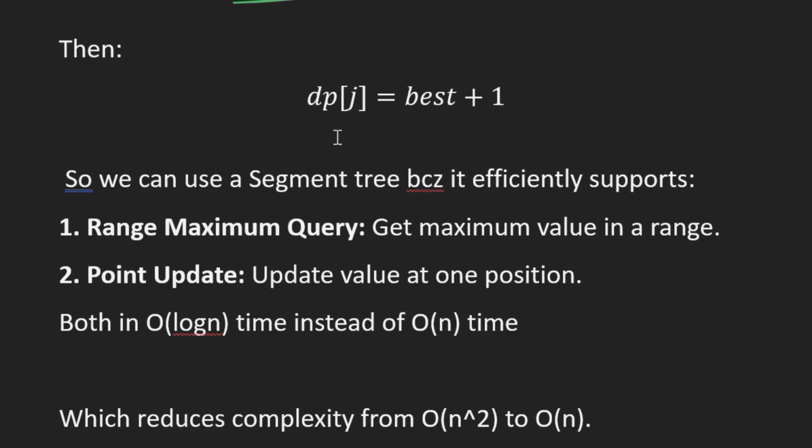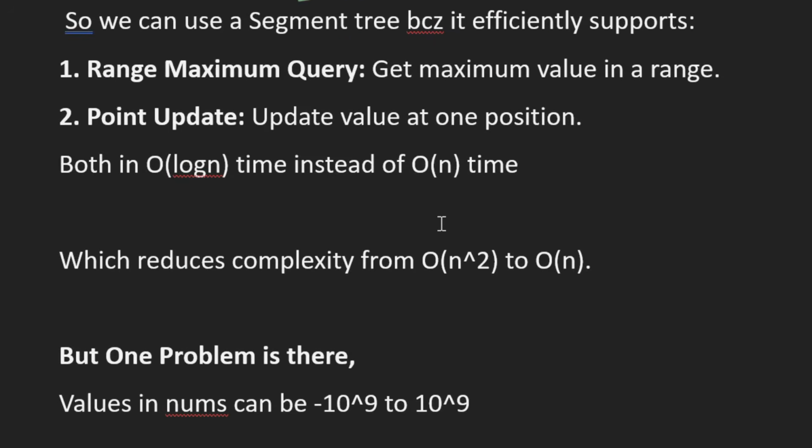Then dp of j will be the best value that we get plus 1. So now we have range queries.